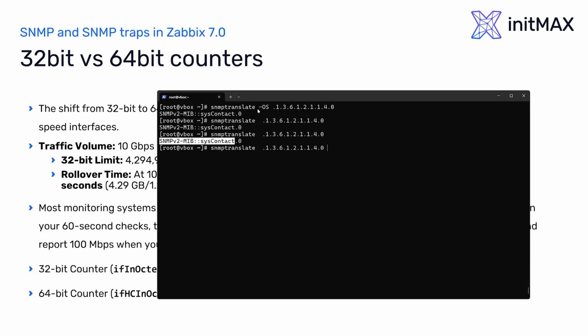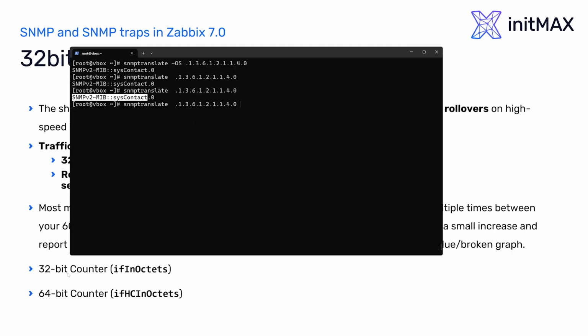So the point that I'm trying to make is that here I have as examples listed a 32-bit counter, ifInOctets, which is the translated OID name. You can monitor ifInOctets. And you have a 64-bit counter, ifHCInOctets, right?